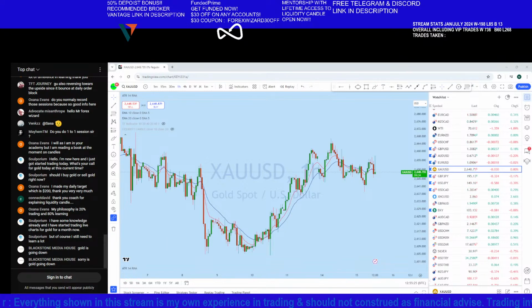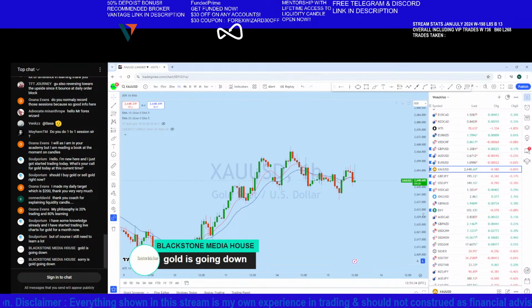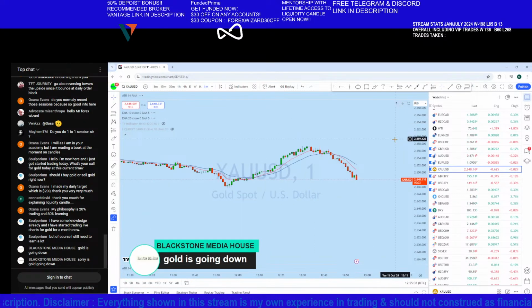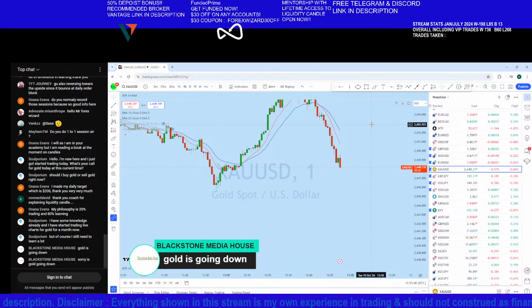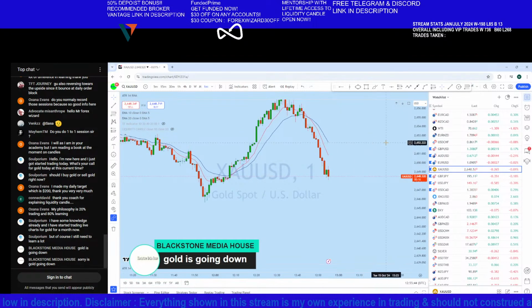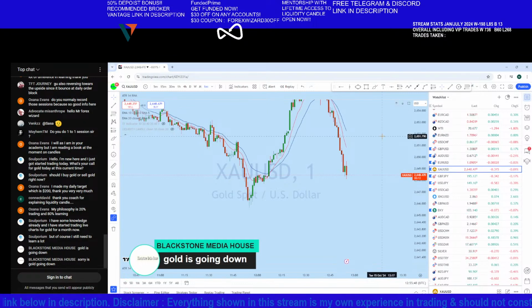Gold is going down, we see that. Sorry, is gold going down? In terms of going down, we need a relative point here. From the 1 minute, yes, it currently is. We can see that from the 1 minute perspective, it's in a downtrend.